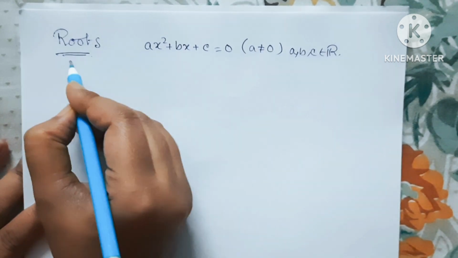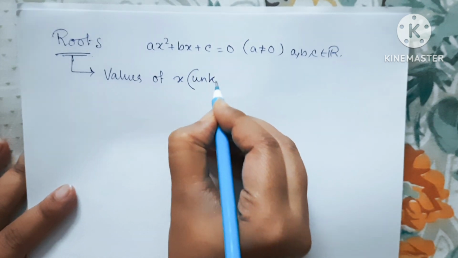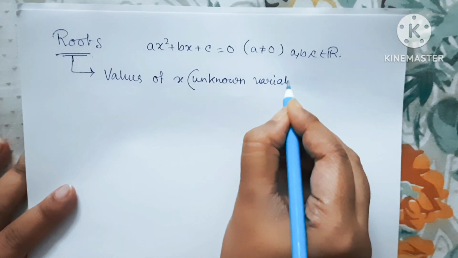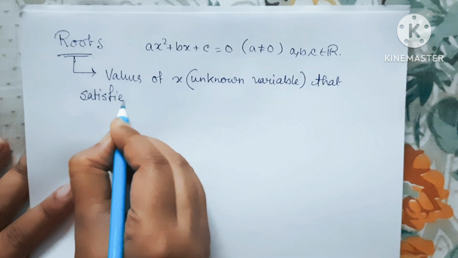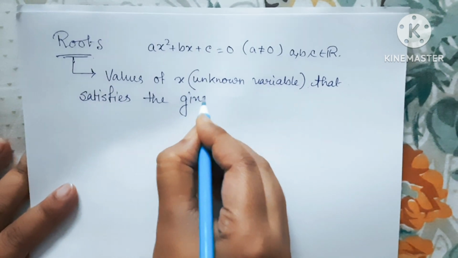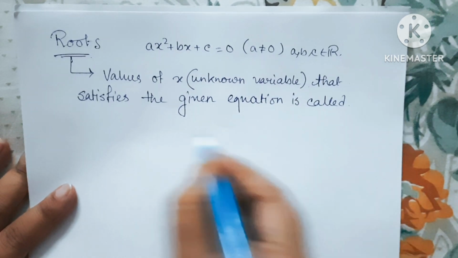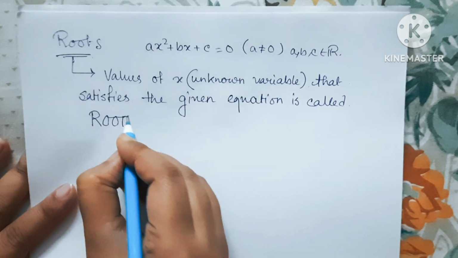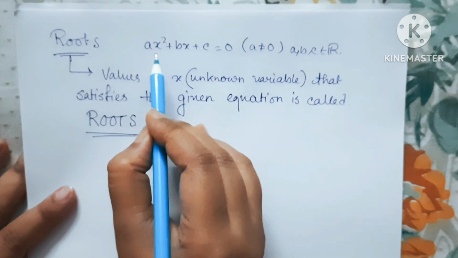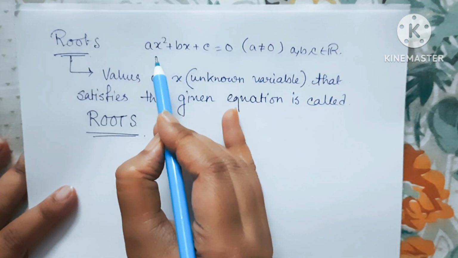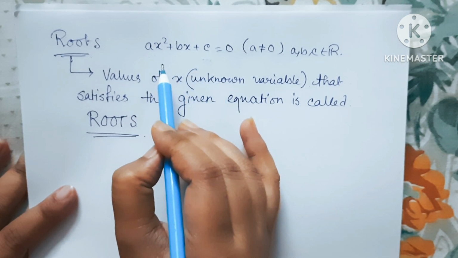Now roots means values of x or the unknown variable that satisfies the given equation is called roots, you can say roots of that equation. Understood? That means x has some value, right?